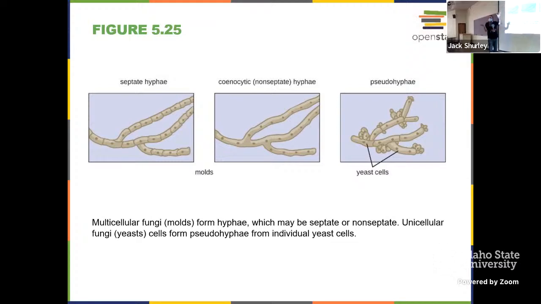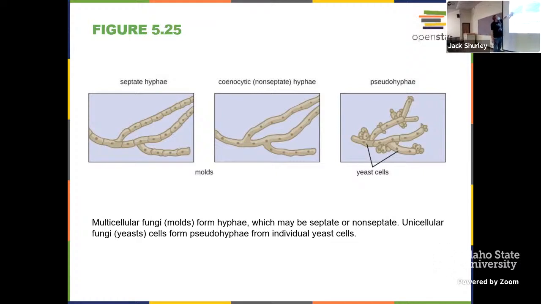The hyphae are the strands, right? The filaments. A whole collection of hyphae, the fuzz, the mold on the side of an orange, or you open up your loaf of bread and you see some mold in there. All that whole big mass of mold that you see, we call that mycelium. It's a collection of hyphae, right? That's mycelium. So here we're just looking at a few threads, the hyphae, all right?